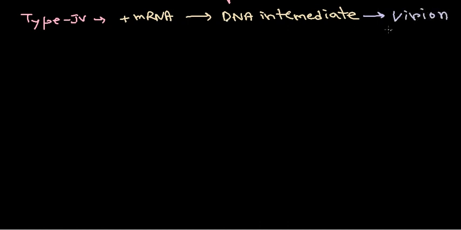So this is the scheme for the replication of type 4 viruses. This type of virus is also known as retroviruses. An example of this virus is pretty common, and this is HIV.